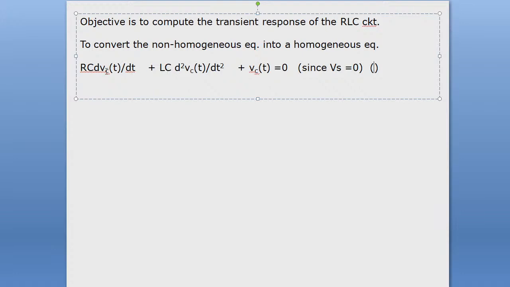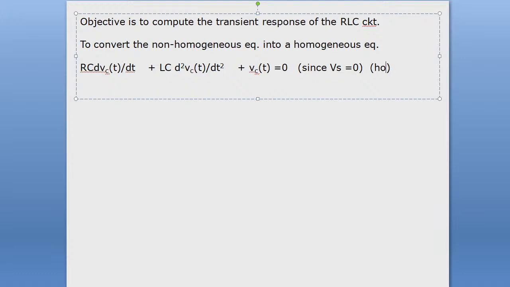Let me repeat this. A homogeneous equation consists of a particular variable, VC of t, and its right hand side is equal to 0. But in a non-homogeneous equation, there is a non-zero term present on the right hand side, equal to Vs or whatever, not equal to 0. Then we can say that it is a non-homogeneous equation.